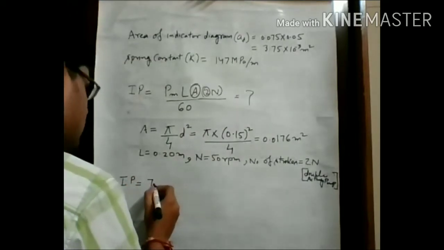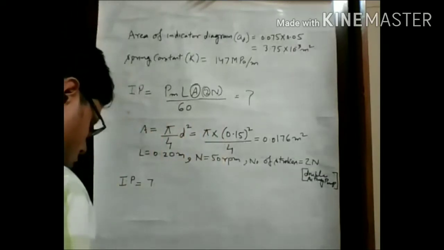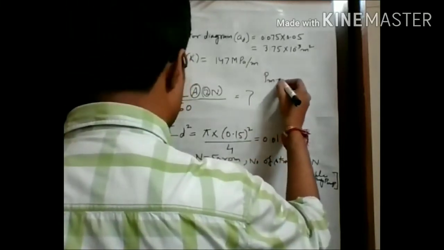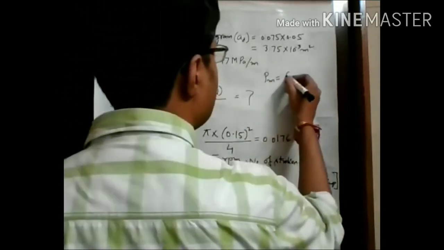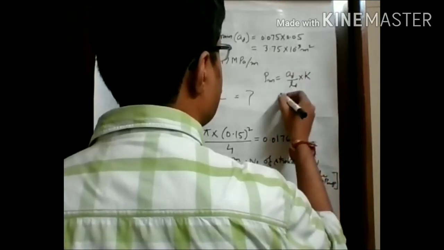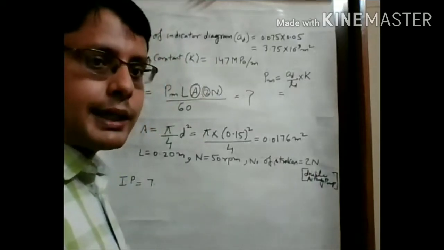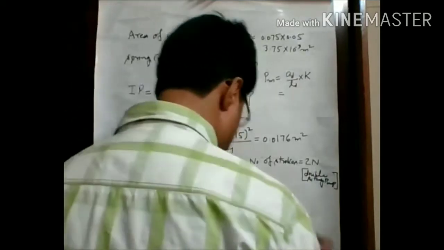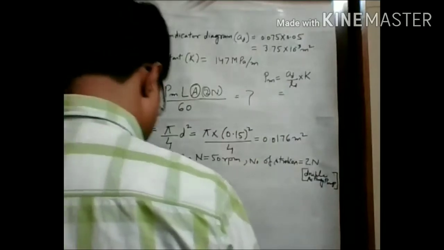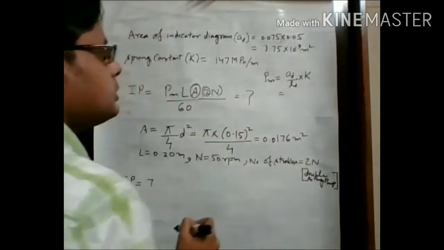we have to calculate the PM value. We know what the PM value is. PM equals AD upon LD multiplied by K. Okay, we told you this expression in the second slide. So by putting these values, you already calculated this area value. You already know the length of this indicator diagram, that is 0.075.